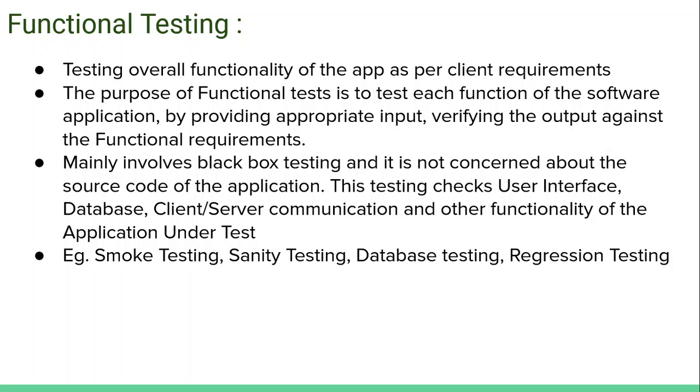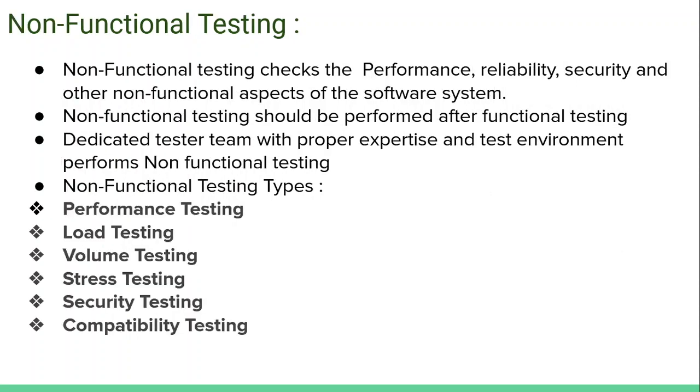It is mainly for verifying that whatever software build is provided to the tester is working as per the client requirement or not. All the features developed by the developers are checked under functional testing to see if they work correctly. Once functional testing is completed, we check the non-functional parameters of that application.